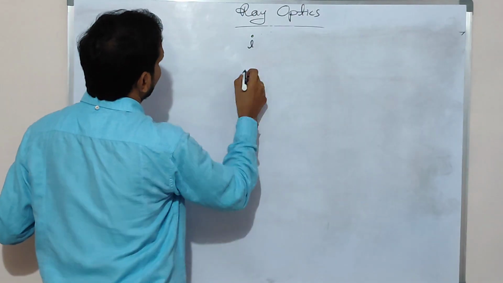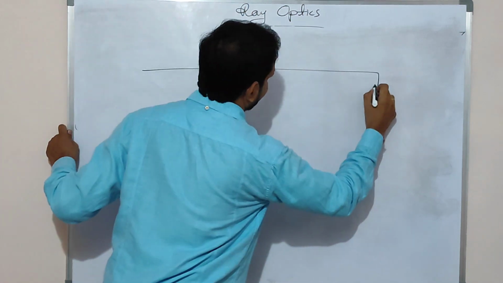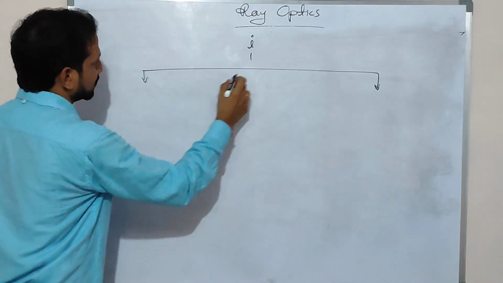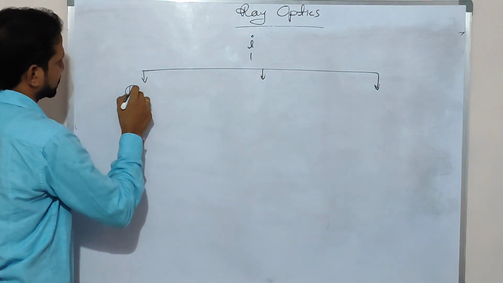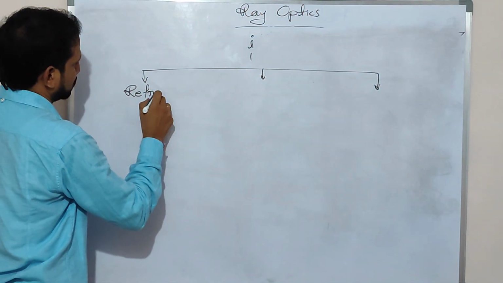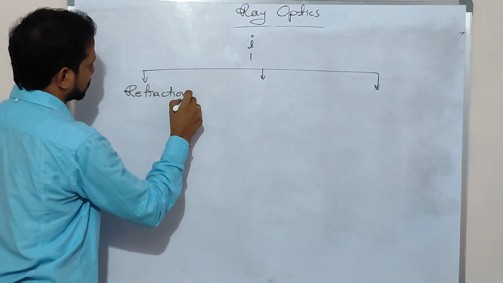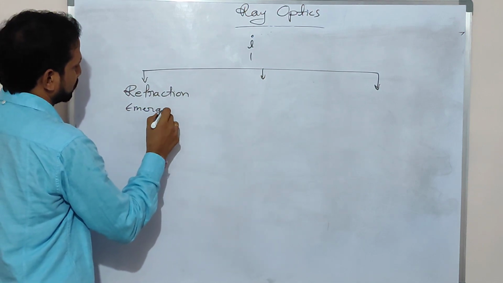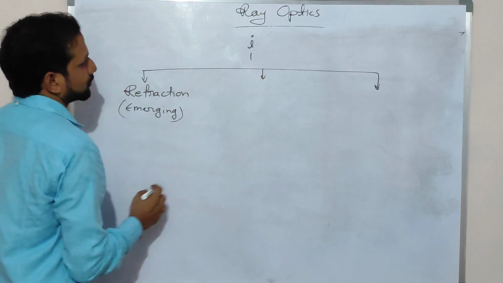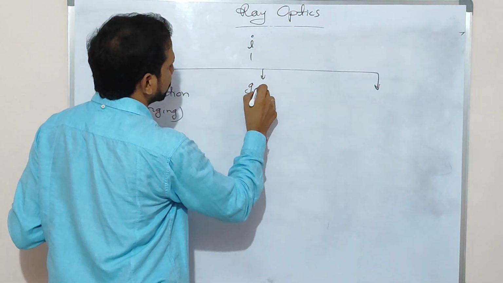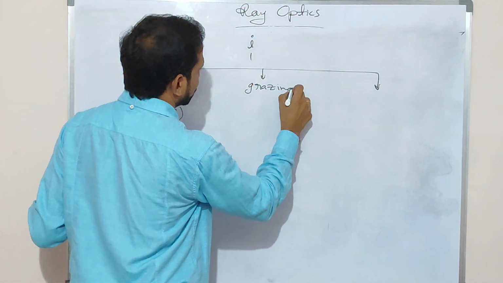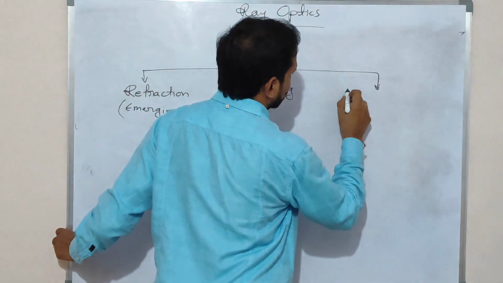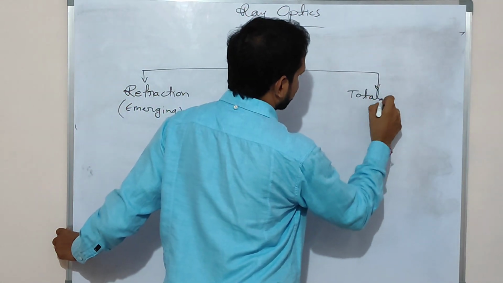Depending on the value of the angle of incidence, we will have three cases. The first is refraction, where the ray will emerge out; we can write this as emerging. The second case is grazing, and the third case is total internal reflection.